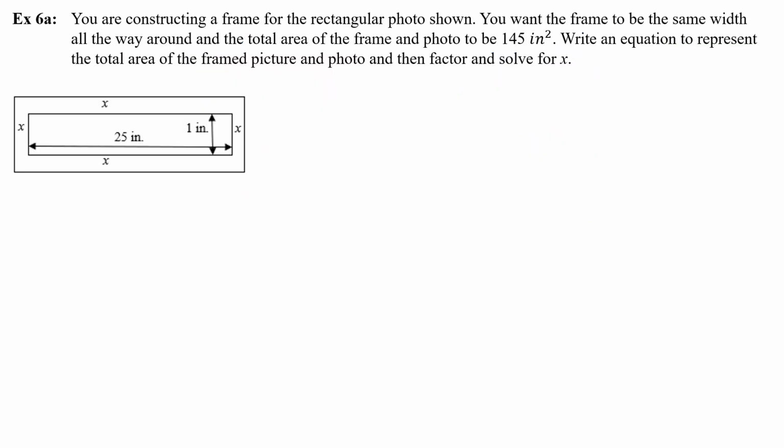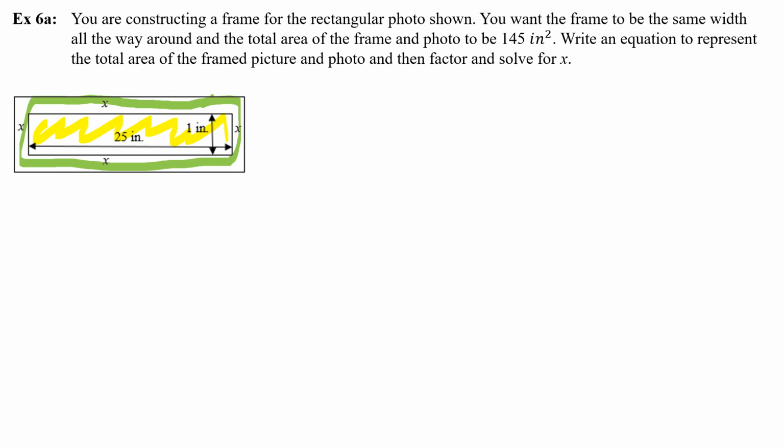6A, you are constructing a frame for the rectangular photo shown. Okay, so this is the photo, and then this in green is the frame that you want to put around it. You want the frame to be the same width all the way around. That's why there's an x on top, left, right, and bottom.